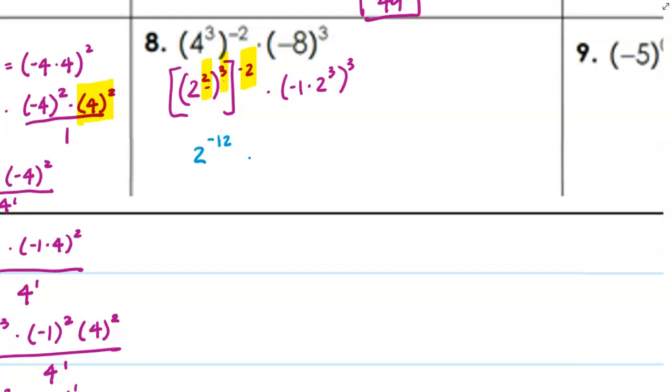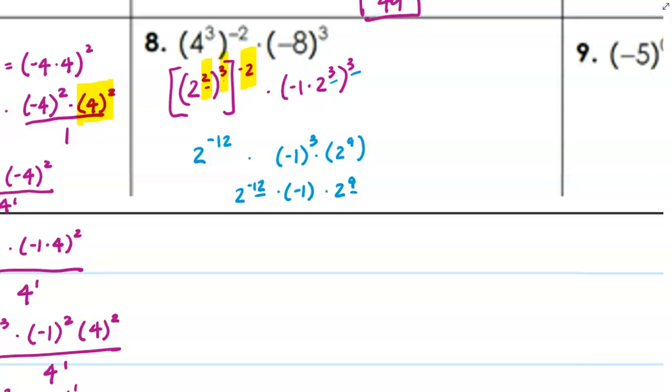Okay, and then I can take negative 1, apply it to the third power, and 2 to the third. 3 times 3 is going to be 9, right? Just didn't really need to put that in parentheses. You just multiply all the way across. So 2 to the negative 12 times negative 1 times 2 to the 9th.